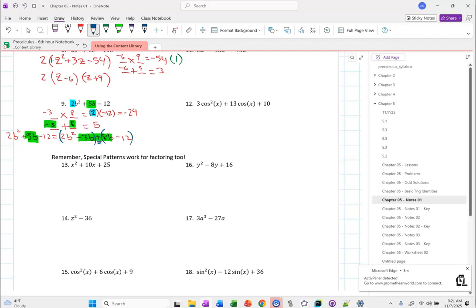When you make two groups, though, the thing you must remember is you have to have a plus sign in between your two groups. What if I had a subtraction symbol there? How do I cope with the subtraction symbol there? You rewrite your subtraction as plus a negative, right?